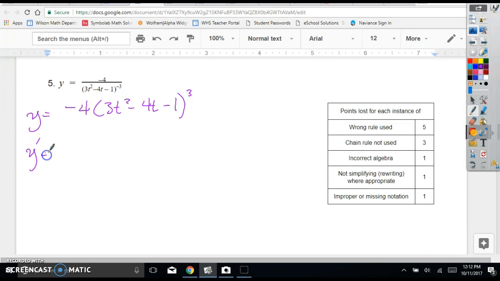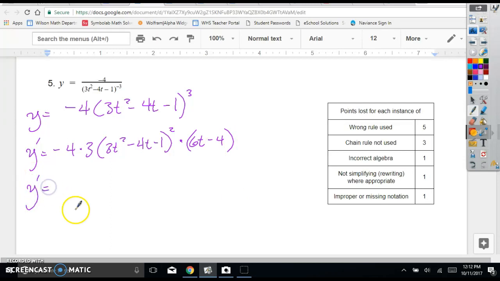So y prime, this would be negative 4 times, bring this 3 out, 3t squared minus 4t minus 1. This is now squared. Times, now I need to do the chain rule. What's the derivative of the inside? So this would be 6t minus 4. All right?